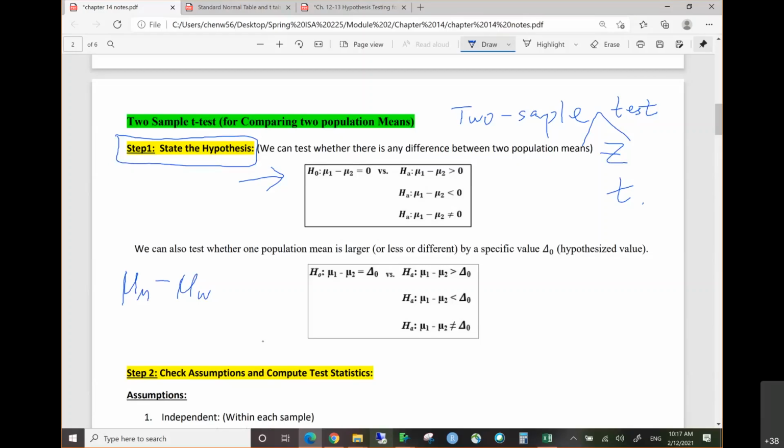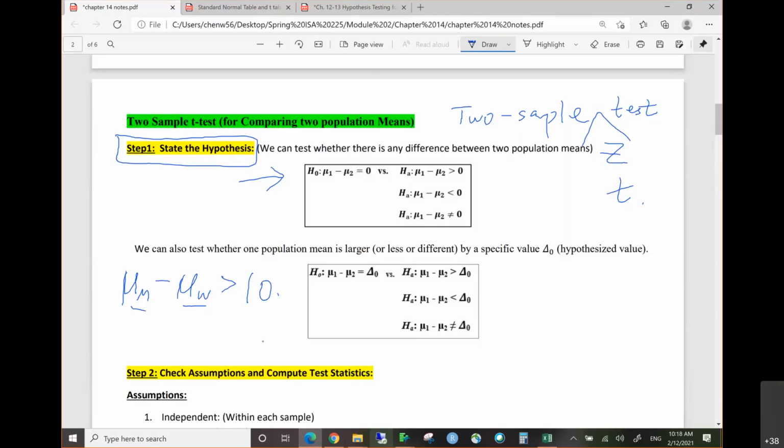That means I not only want to test whether the man's weight is larger than women's weight, I also want to know by what amount. So I think the man's weight is larger than women's weight by 10 pounds on average. So that will be man's weight minus the women's weight equals 10 pounds.